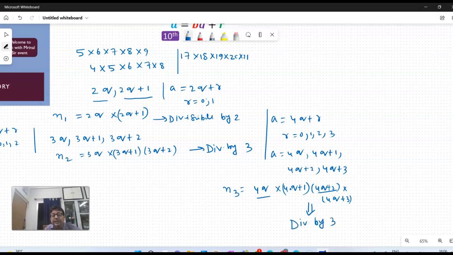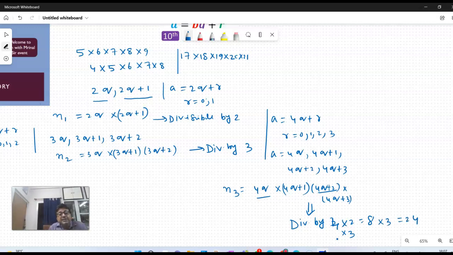One additional thing we must notice: if it is a product of 4 consecutive integers, it must be a product of 3 consecutive integers first and then the fourth one arises. And we have proved that the product of 3 consecutive integers is divisible by 3. So when you say this is divisible by 4 into 2, that is 8, and the product of 3 consecutive integers is always divisible by 3, one can say that this result is always divisible by 8 into 3, that is 24.